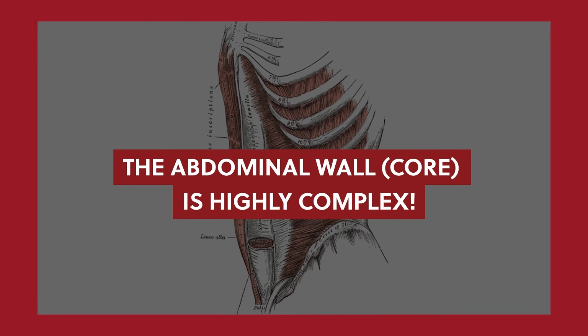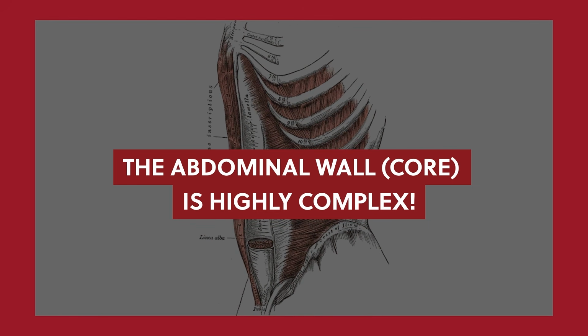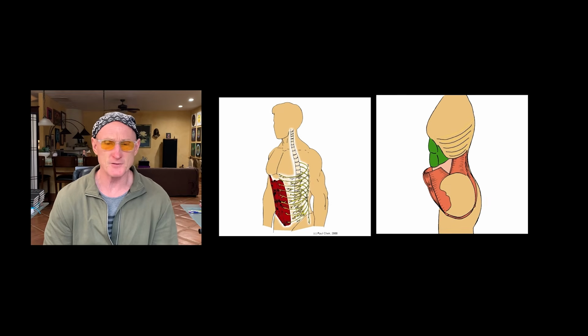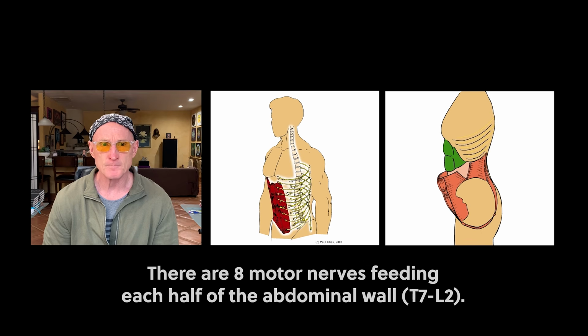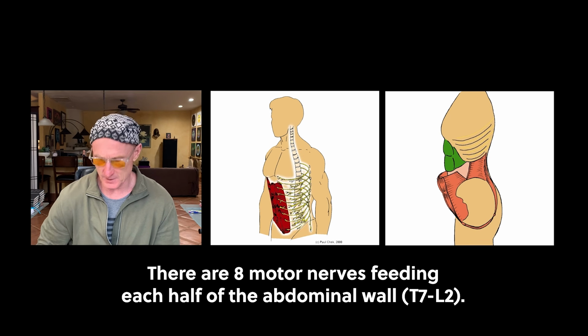Now, the abdominal wall or core is highly complex. Just to give you an example, as you can see in my diagram there on the left, there are 8 motor nerves feeding each half of the abdominal wall, which run from thoracic 7, T7, to lumbar 2, L2.